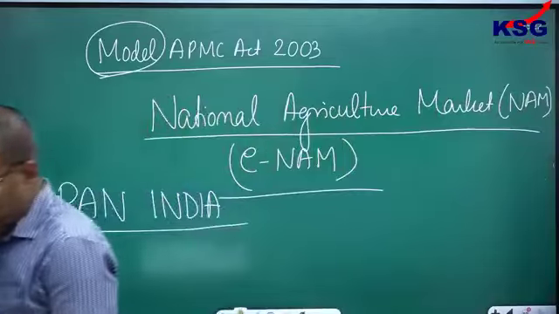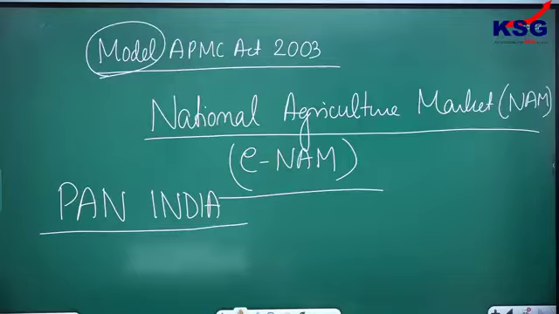This includes commodity arrivals, quality and prices of the commodities, buy and sell offers, and e-payment settlement directly to farmers' accounts.